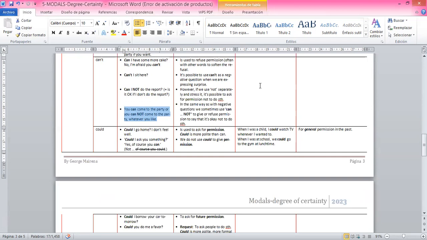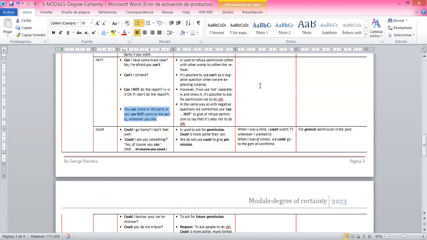How do you interpret the context? In Spanish we say, si quieres venir a la fiesta o si puedes venir o no puedes venir, lo que tú decidas o como te guste. But what do you understand from that? That is the meaning, the translation.